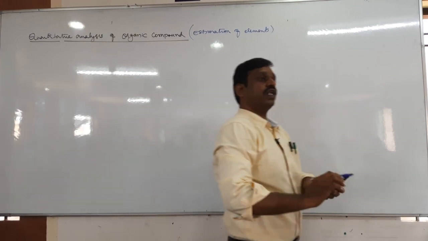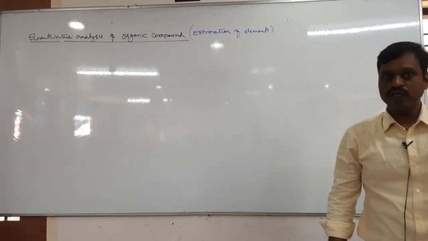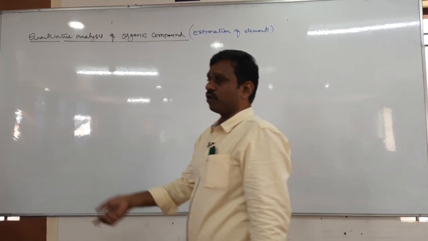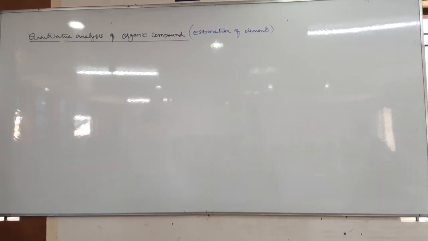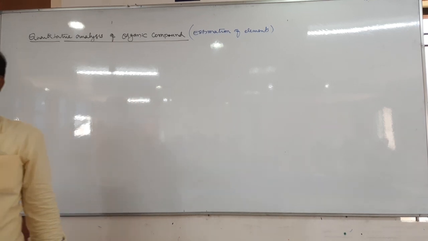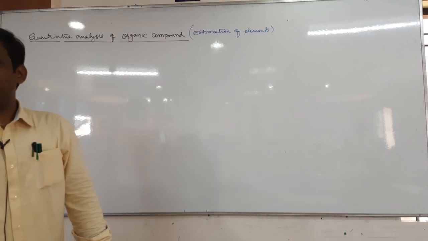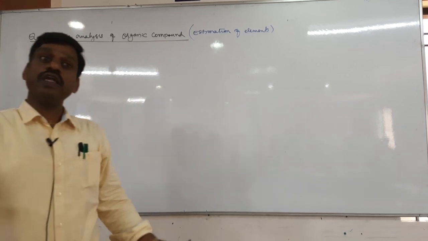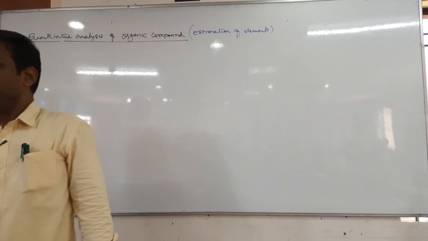In quantitative analysis, we estimate what percent of an element is present. The difference between qualitative and quantitative is that in qualitative analysis we identify whether an element is present or not, for example hydrogen present or not, carbon present or not. That is identification, nothing but detection. But in quantitative analysis, we know hydrogen is present, then we need to know what percentage of hydrogen is present. That is called estimation.